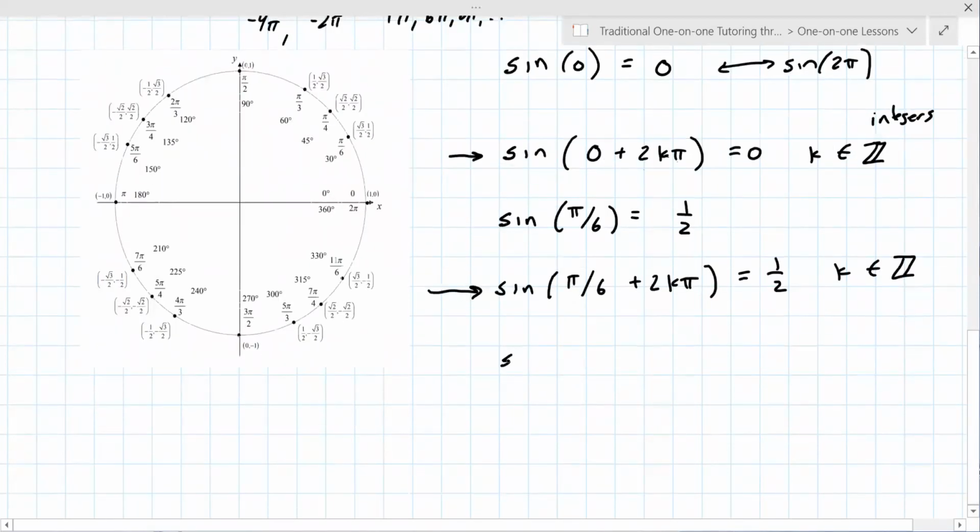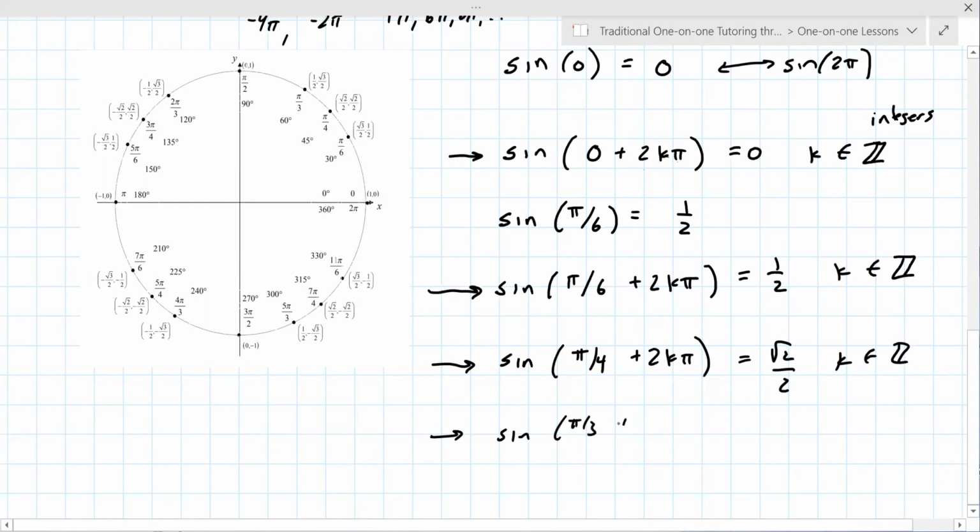Okay. So we're just going to skip that intermediate step. It's sine pi over 4 plus 2k pi is square root 2 over 2. You got to include this one. Then it's sine pi over 3 plus 2k pi equals square root 3 over 2, k element of Z. And then we keep going, sine pi over 2 plus 2k pi equals 1.